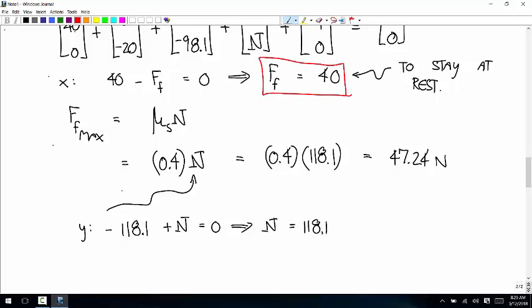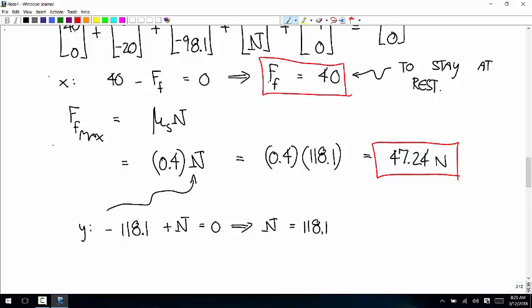We know that the coefficient times the normal, the maximum static friction that can be applied in this case, is 47.24. So does this stay at rest? This stays at rest because basically the friction can cover that force. That force isn't a problem for it to apply.